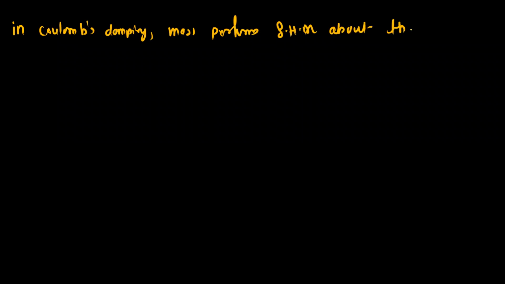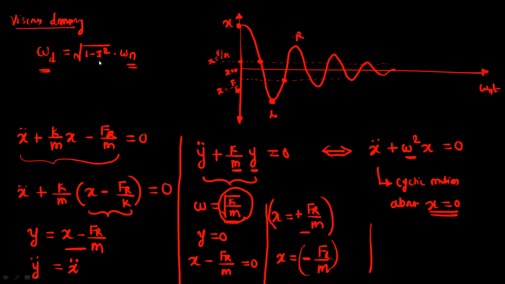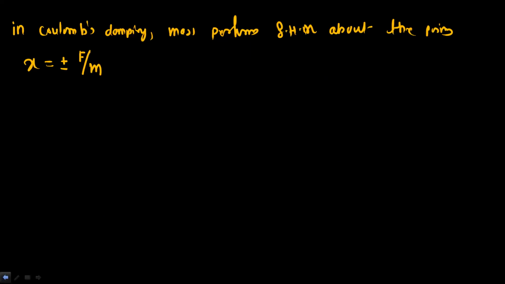And therefore in Coulomb's damping, the mass performs the simple harmonic motion about the points x is equal to plus or minus F upon m, sorry, yes, sorry, I made a mistake.